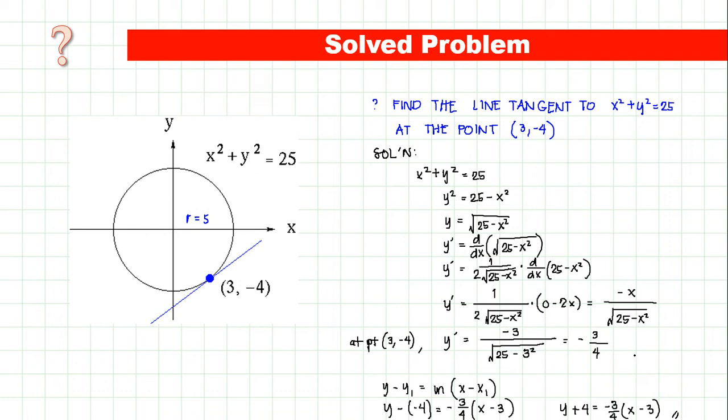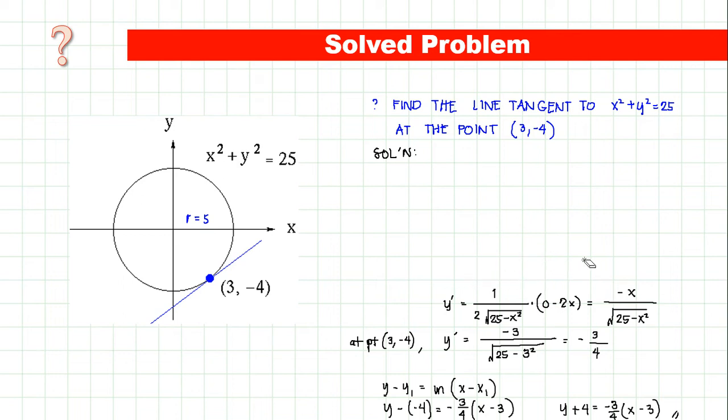Pero if we are going to get the implicit differentiation of this, burahin ko lang muna guys, no, para mas maintindihan natin kung paano kumukuha ng implicit differentiation. So, ayokong burahin lahat kasi nasulat ko na yung problem. Okay? So, burahin ko lang siya isa-isa.